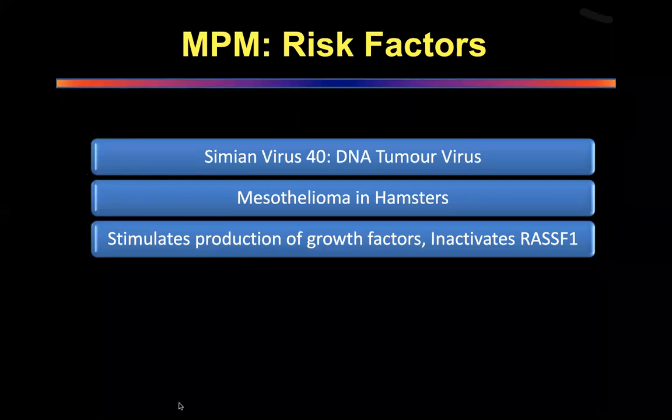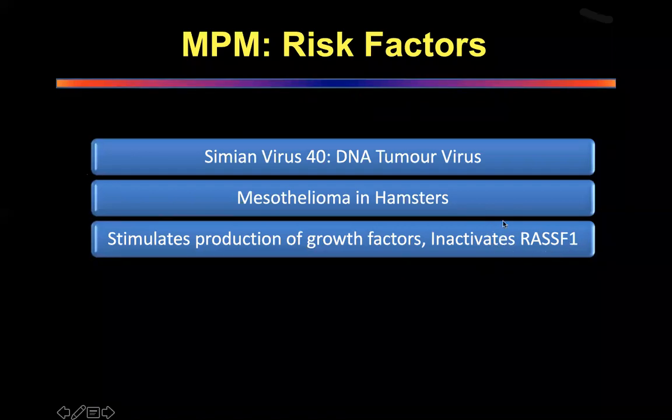Thank you. Okay. So mesothelioma, SV40 is a risk factor for mesothelioma in hamsters. The suggestion is that it stimulates the production of growth factors and it inactivates this genetic number, RASSF1.